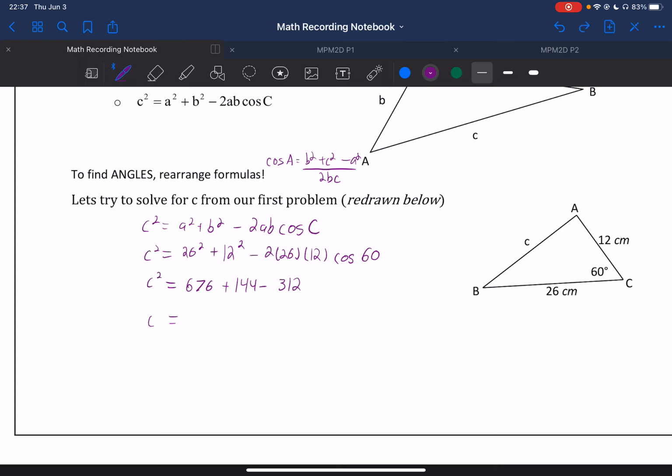So at this point, we want to use a square root of whatever this comes together to be, which is 508. The square root of 508 gives us 22.5 centimeters. And that's how we would employ it in order to find a C value.